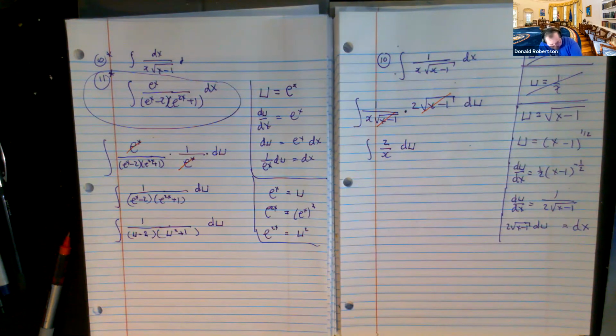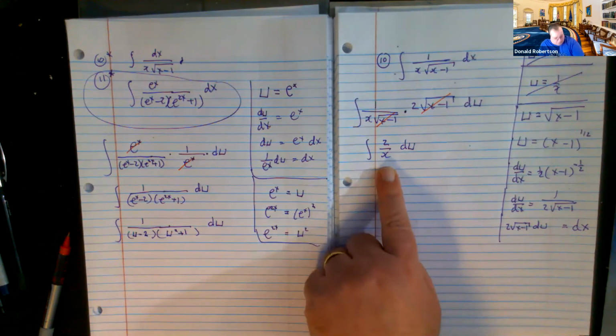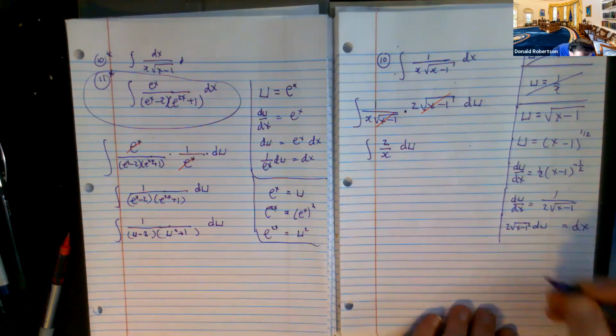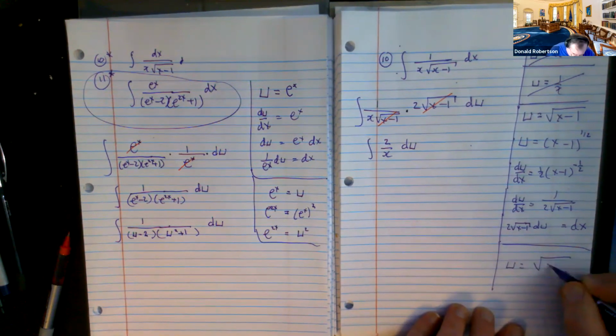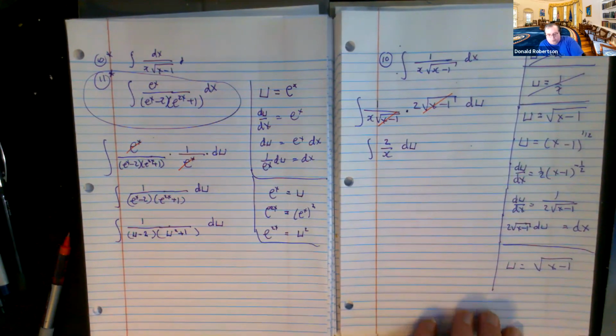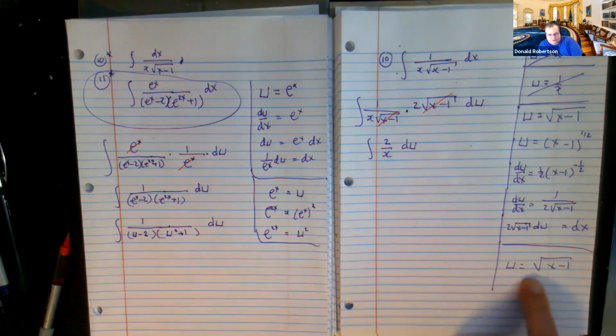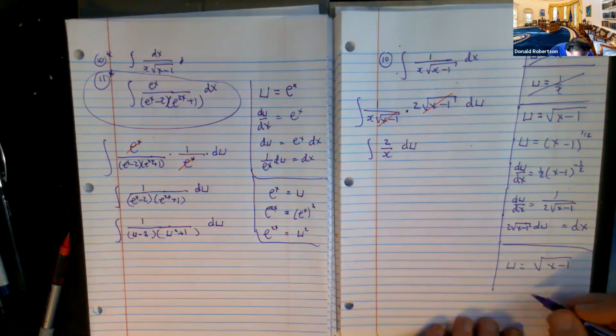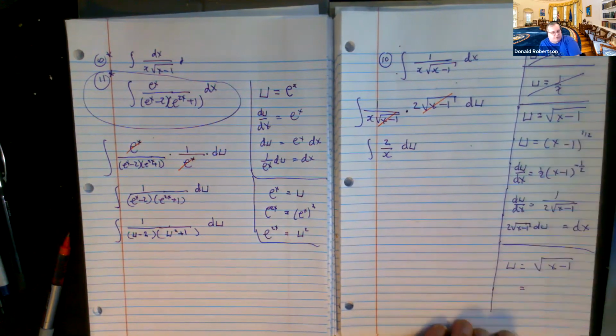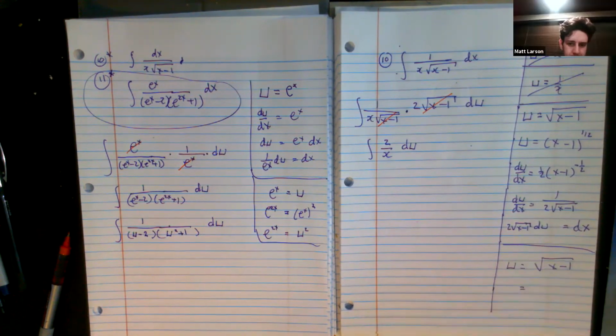Now, we don't want x's. Don't we want that x to turn into something we use u in? So I'll return back to this fella. Shouldn't we be able to do some algebra on this and solve for x? Agreed? So what would I do to both sides to get closer to finding x? Square them. Yeah.